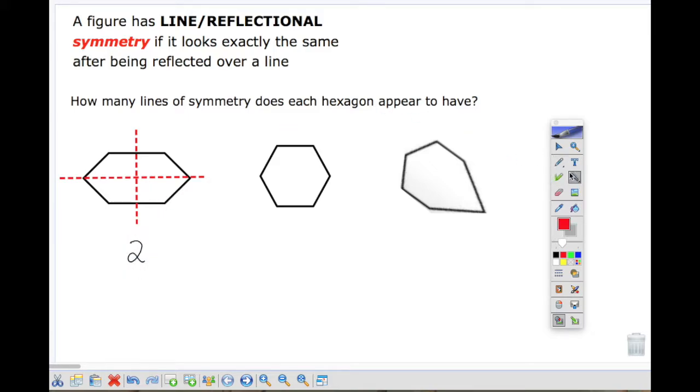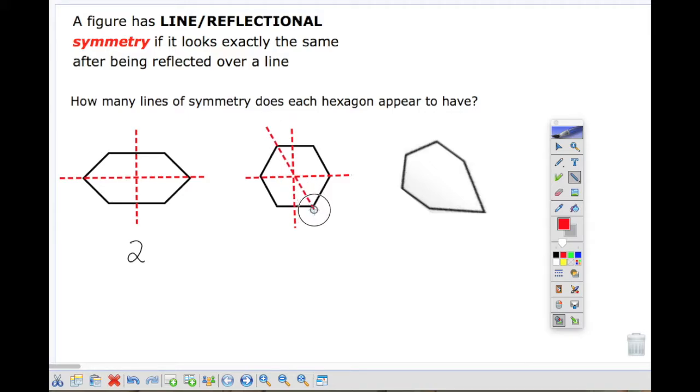Let's see if we can figure out lines of reflection for this hexagon. I can draw this line right here, and that makes the shape the same on both sides, as well as this line right here. Okay, let's see which other ones we can draw.